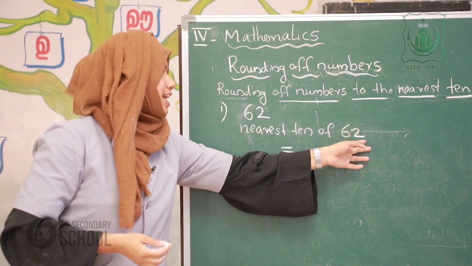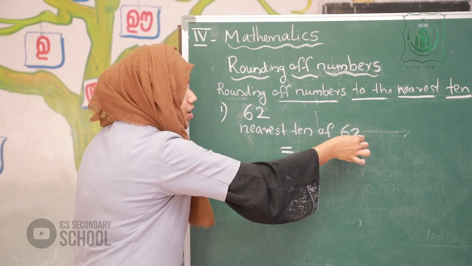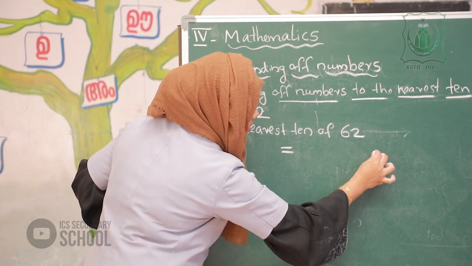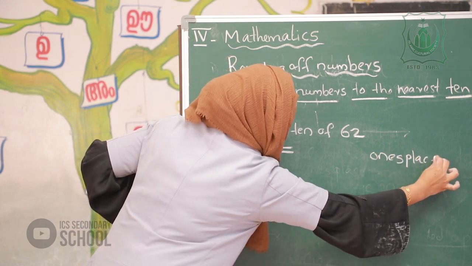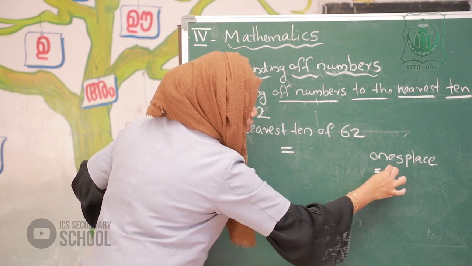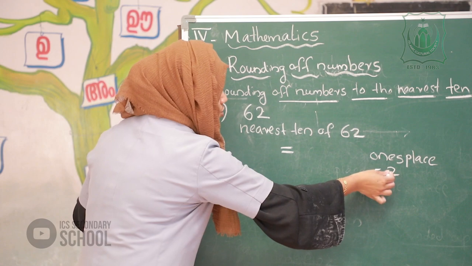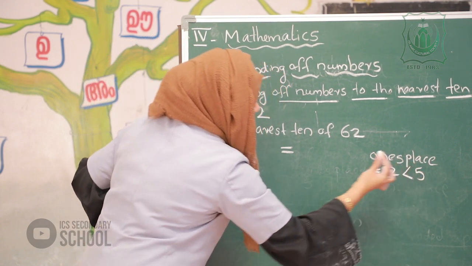First, you look at the ones place. The ones place is 2, and it is smaller than 5.